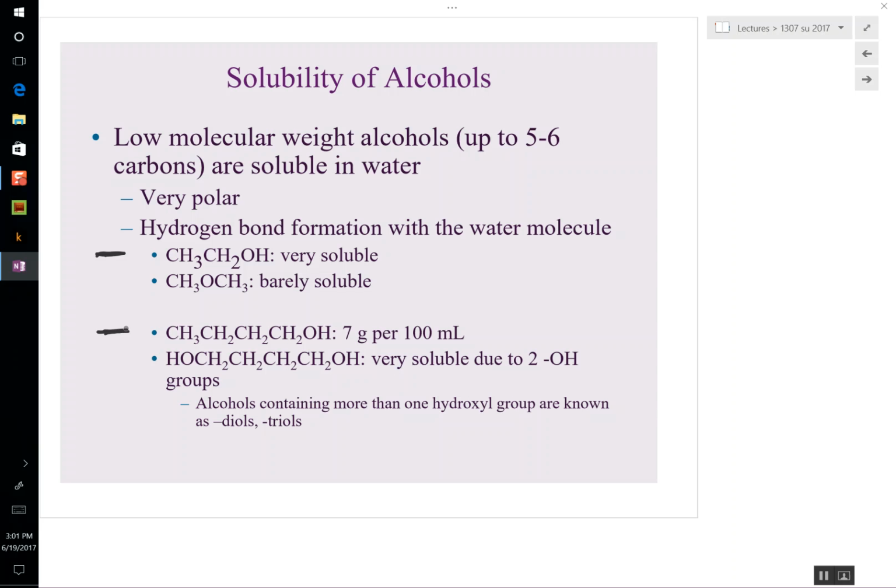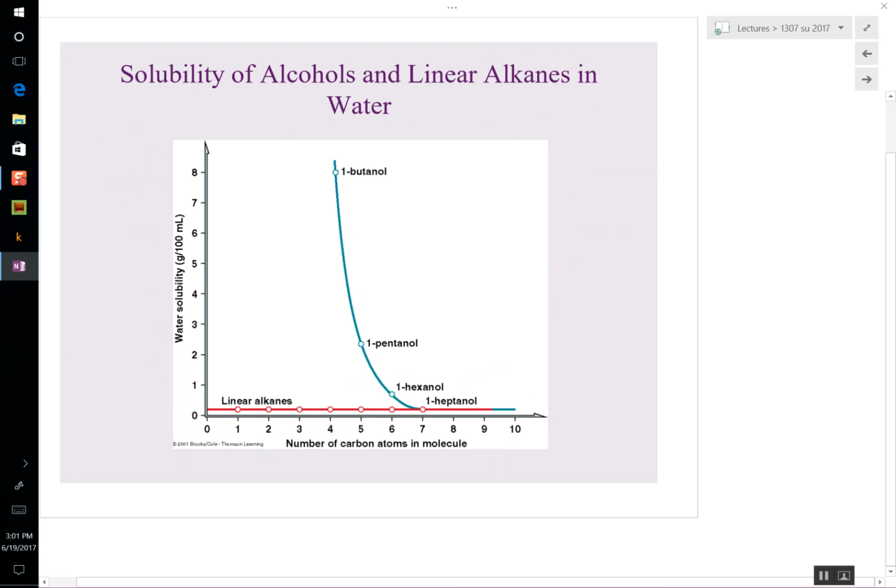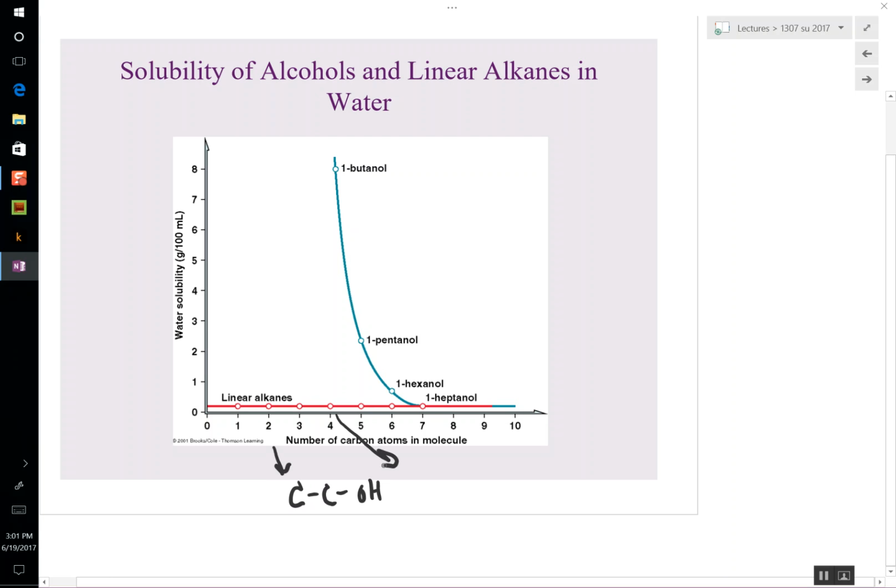And here's a graph. Let's look at this graph. This is number of carbons. So this would be 1 carbon, 2 carbons, 3 carbons, 4 carbons. 2 carbons is ethanol. Here's the 4 carbons that was just on that previous slide. Butanol.